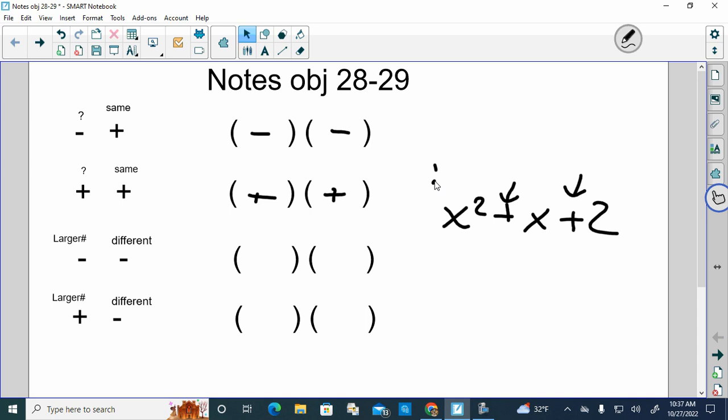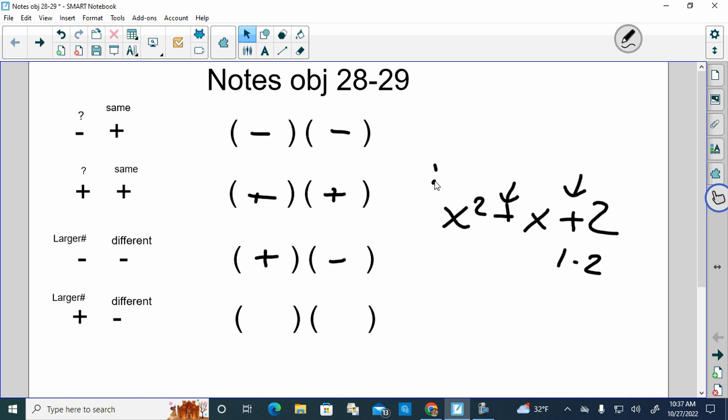Now opposite, instead of it ending in a plus, if it ends in a negative, they're not going to be the same, they're going to be different. It does not matter at this point where you're putting them until you have numbers. So if I had the factors this way, because we just have 1 and 2, when I read this one backwards, my signs are going to be different.